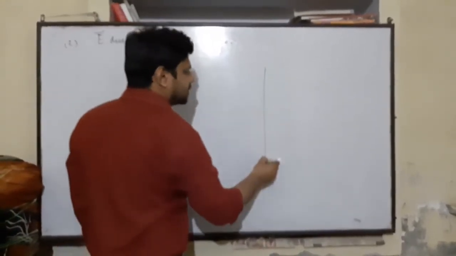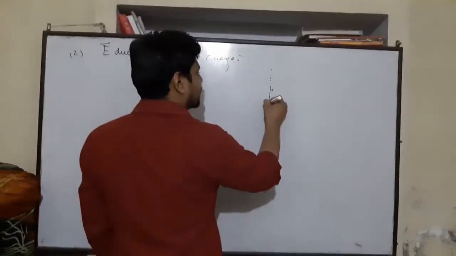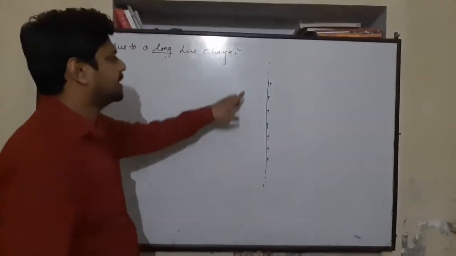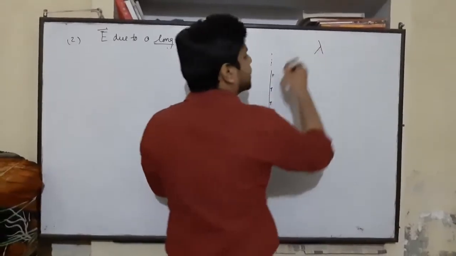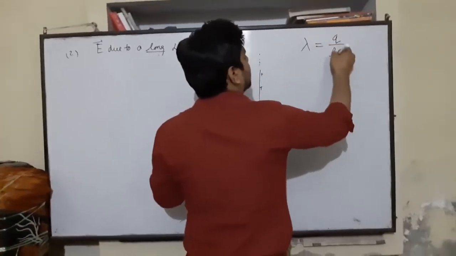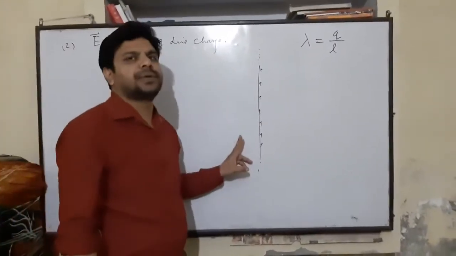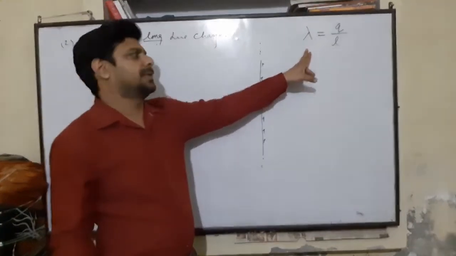Consider an infinite length wire having linear charge density lambda, where lambda is equal to Q over L. The amount of charge per unit length is called lambda, the linear charge density.